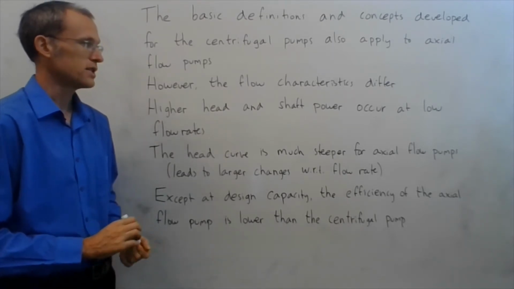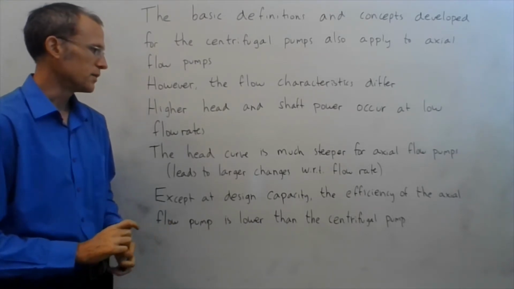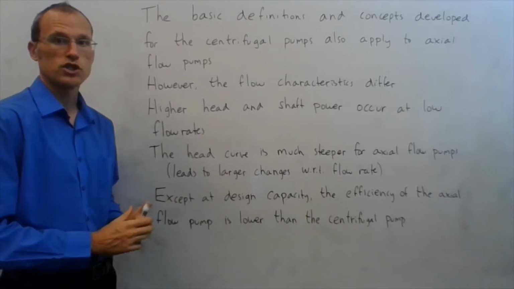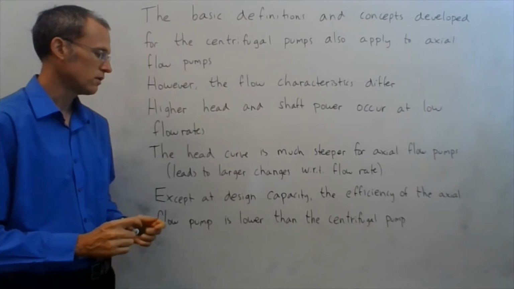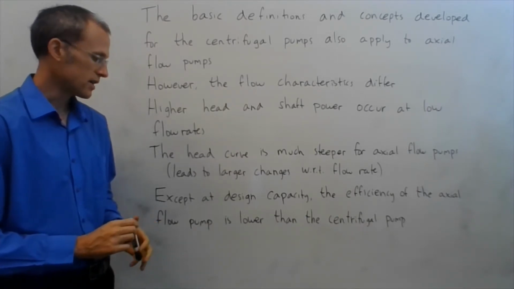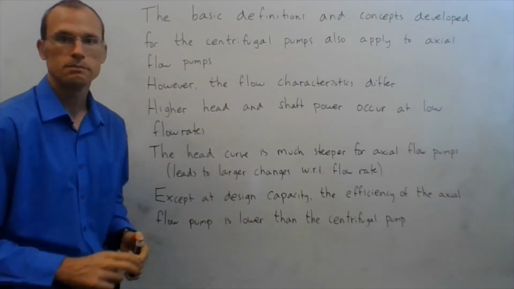The head curve is also much steeper for the axial flow pump compared to the centrifugal flow pump. This leads to larger changes with respect to flow rate. If you change the flow rate, there's going to be a much bigger change in the head in the axial flow pump compared to a centrifugal flow pump. Then, except at design capacity, the efficiency of the axial flow pump is generally lower than the efficiency of the centrifugal pump.